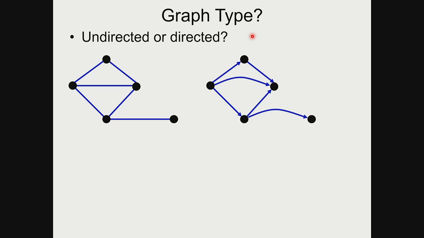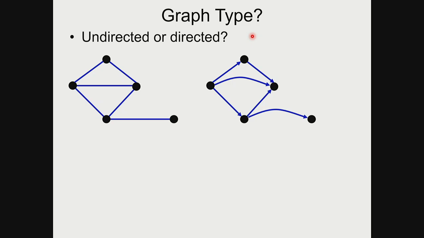Can anyone guess which of these types we should use for our maps? Yes, go ahead. Yes, so we have one-way streets in any city in the world, right? We need to represent them somehow. So that's why we need a directed graph. But if we use a directed graph, what do we do about two-way streets?